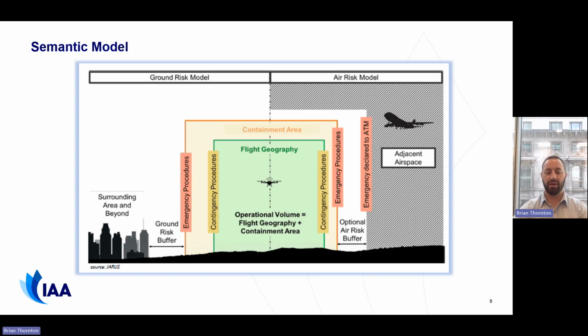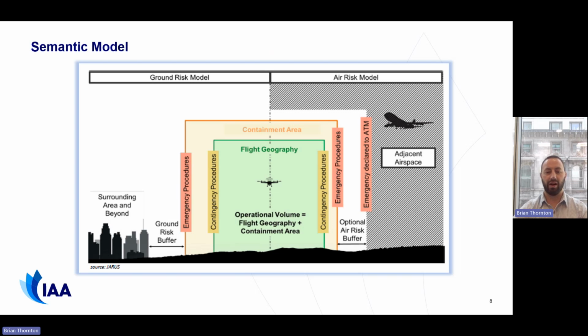Likewise, in the air risk model, if you were to have a breach of your flight geography, the UAS is in the containment area, there's a mechanism to possibly terminate the flight whereby your UAS will land within your operational air risk buffer.